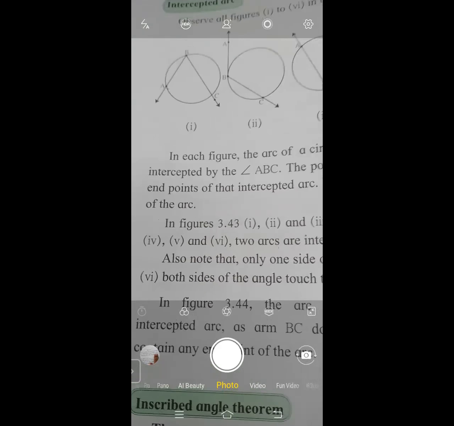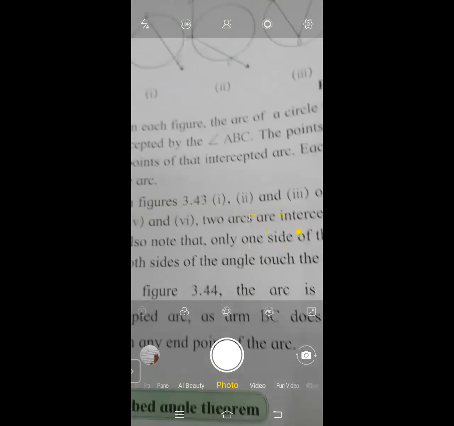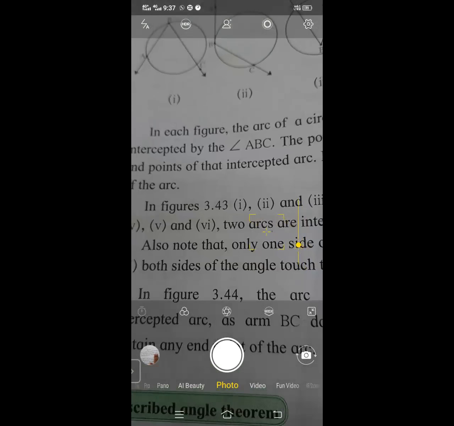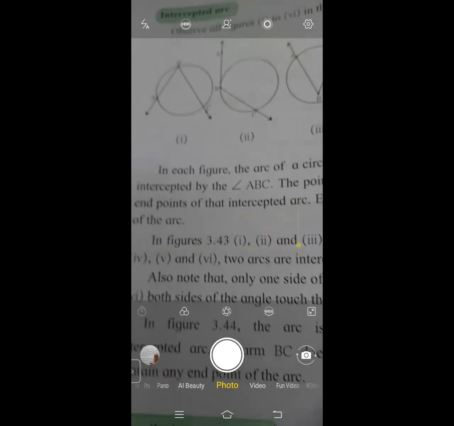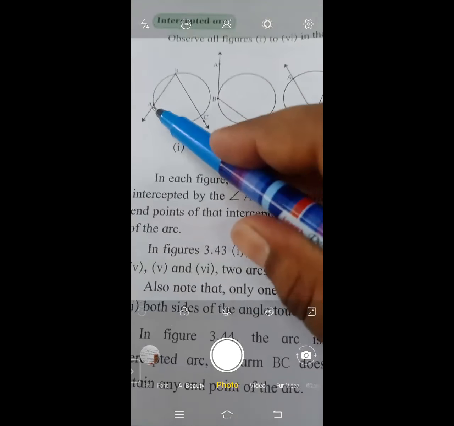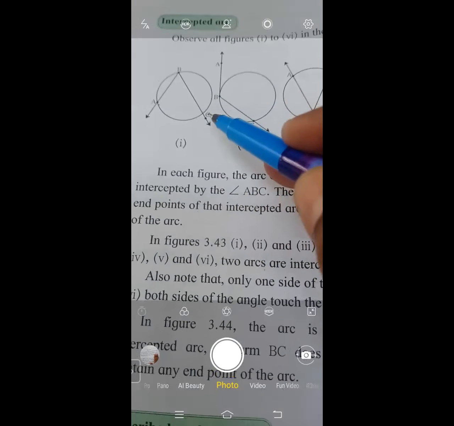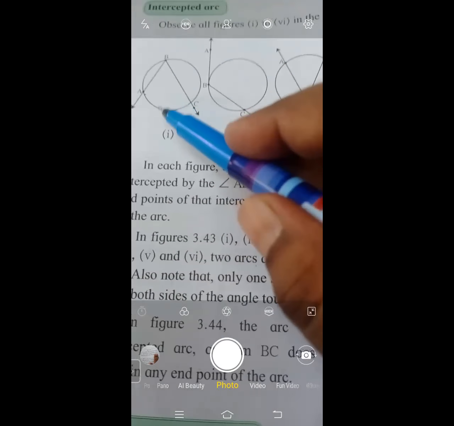Just try to figure out these ABC. Okay, so the inscribed angle will be ABC, while the intercepted arc will be AC.